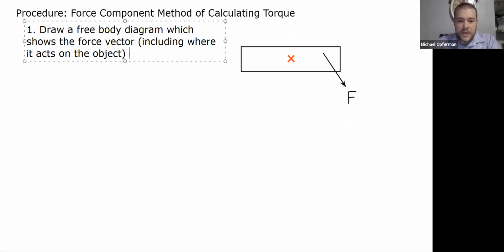By that, I mean, for instance, in my diagram here, this is the point where the force is acting on the object, where I've placed that green circle. That's the spot that's actually being pushed on.